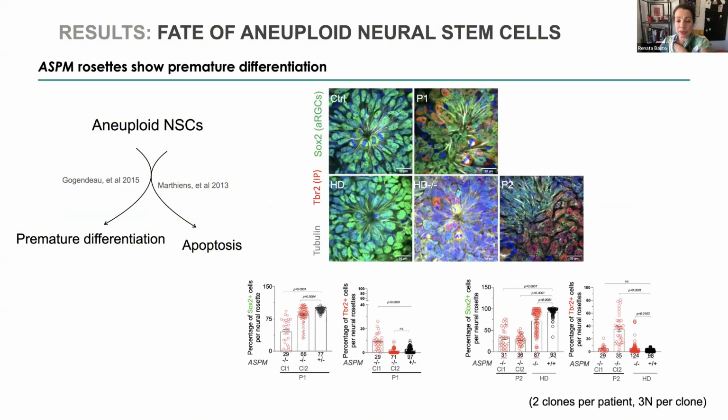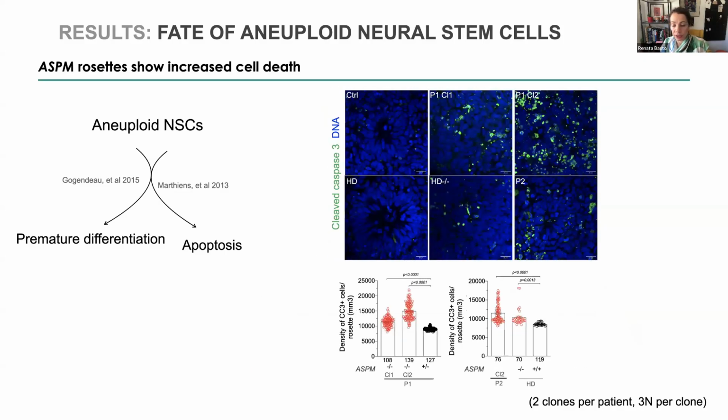So Sandrine characterized the behavior of intermediate progenitors, here revealed by TBR2, and apical radial glial progenitors by SOX2, and we can see that there is a significant decrease in the number of SOX2 positive cells in these rosettes when compared to controls, and an increase in the number of TBR2, at least in some of these clones, suggesting that indeed some of these rosettes were undergoing premature differentiation.